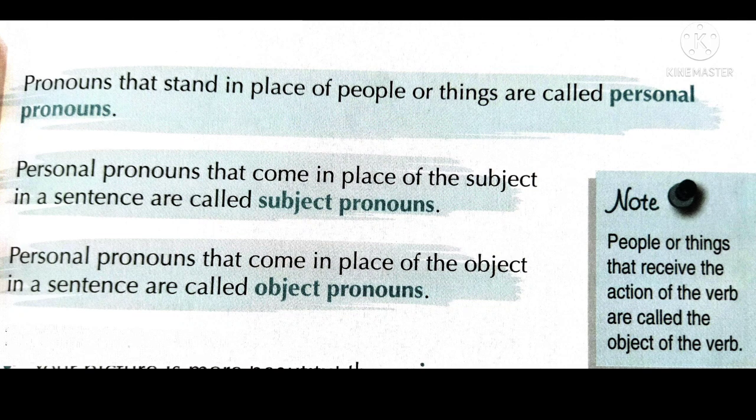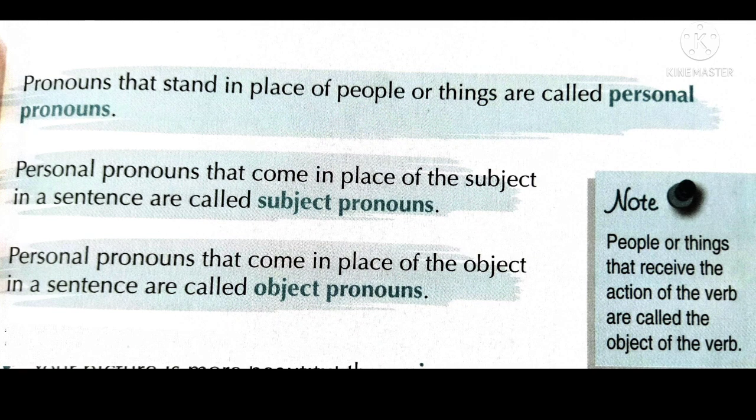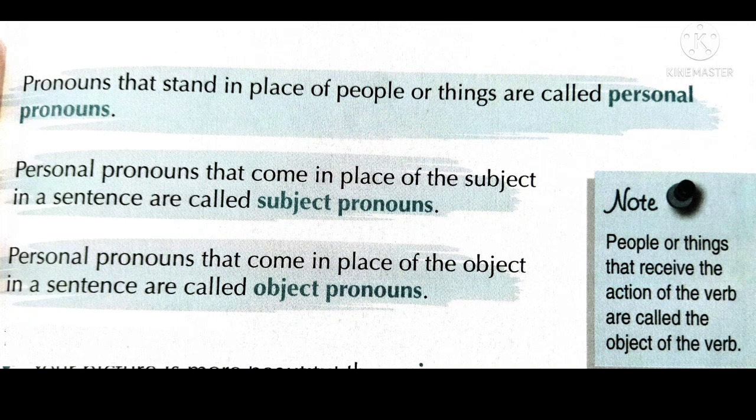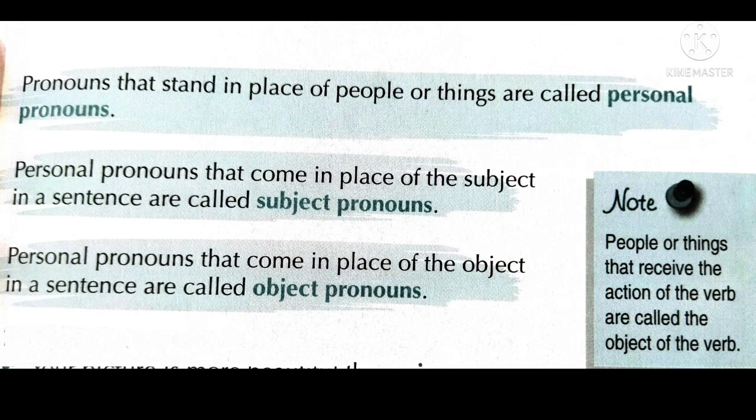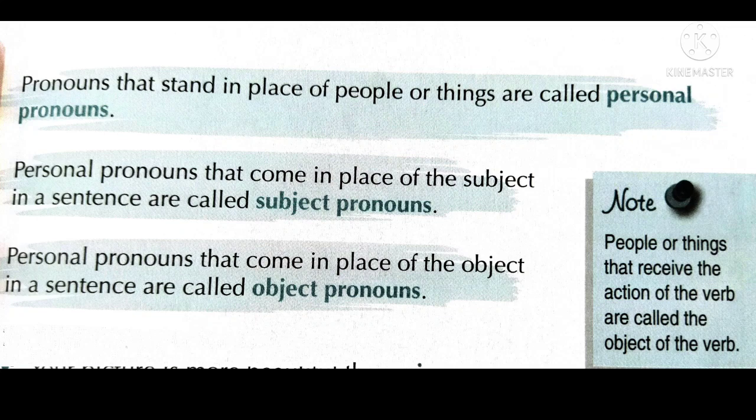Let's take one example. Our grandparents live with us. Here you can notice the object. The object is us, and that is the object pronoun. So remember, what is the object of the verb? The people or things that receive the action of the verb are known as the object of the verb.